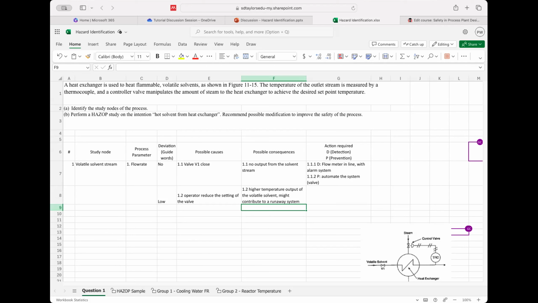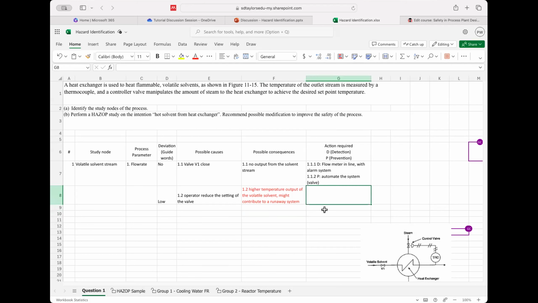If the next process is a reaction process, your reactions may be more vigorous, and that may cause a runaway reaction. So this is something we want to avoid. Let me put it in red, because this is something we really need to take action on. You can have no flow rate, but you can't have a lower flow rate. Do you see the difference here?